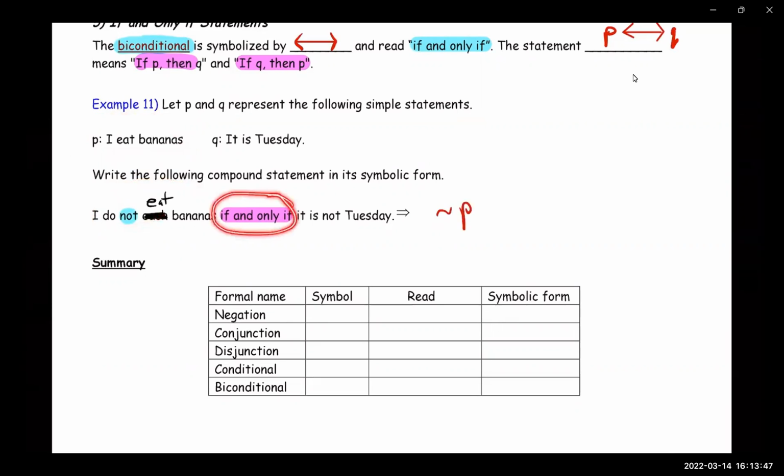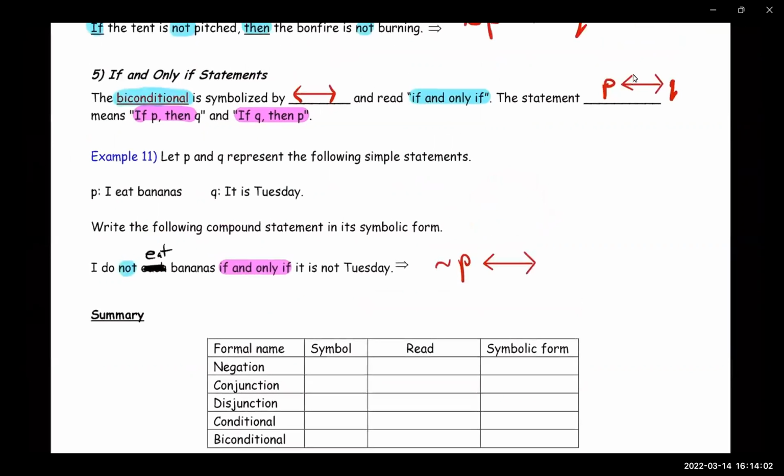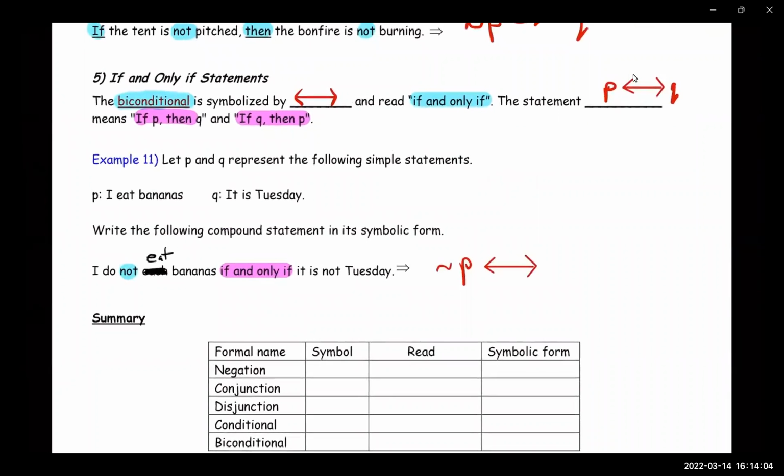If and only if, how do I write if and only if? That would be the two-sided arrow. If and only if is always the two-sided arrow.